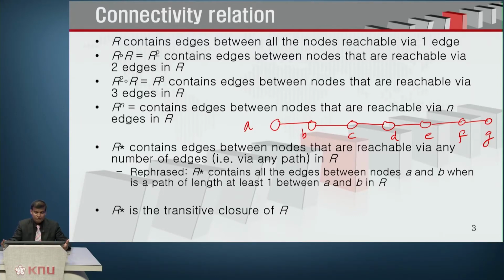Since A is connected to B and B is connected to C, A can be connected to C via B.